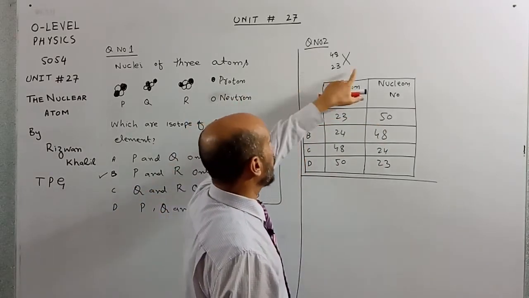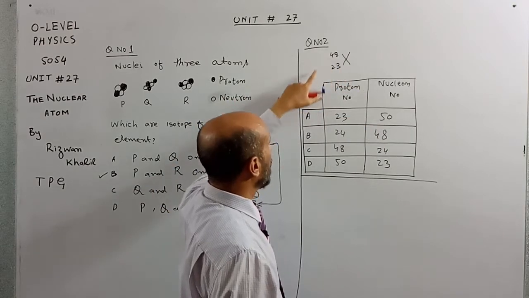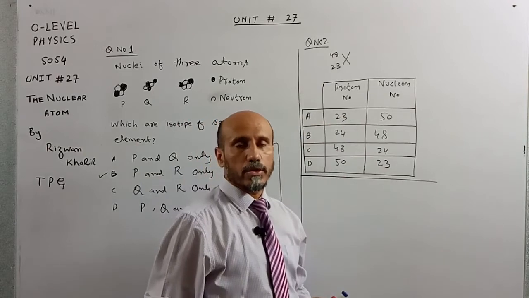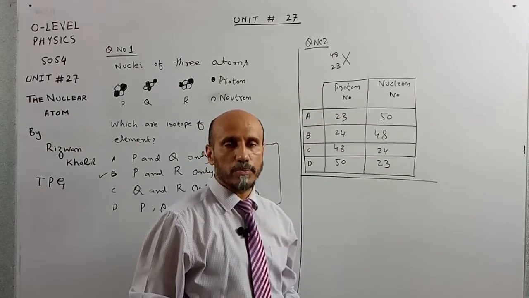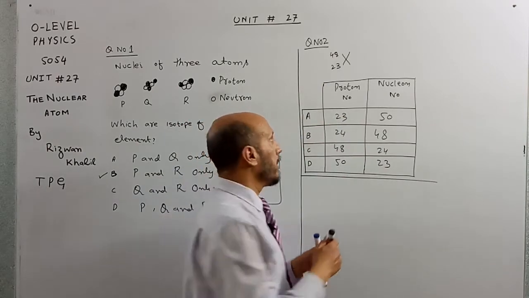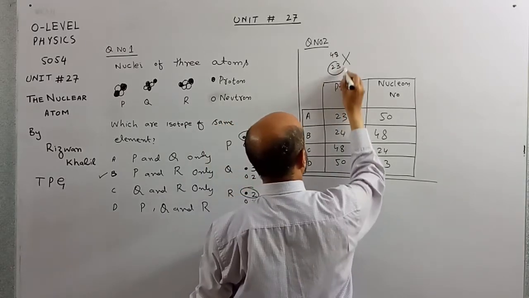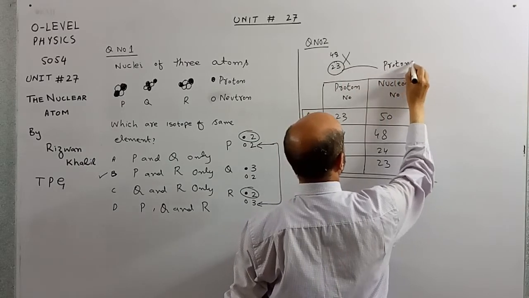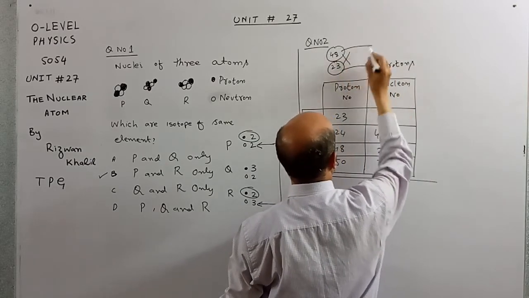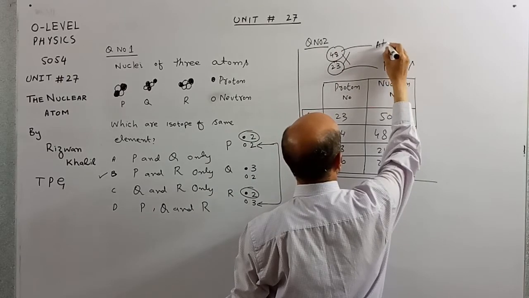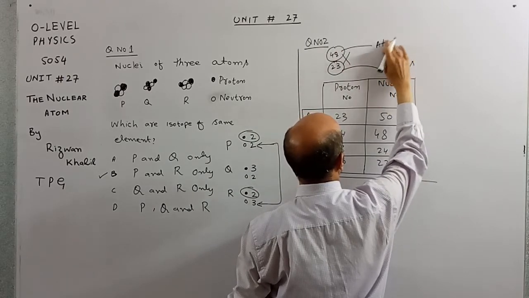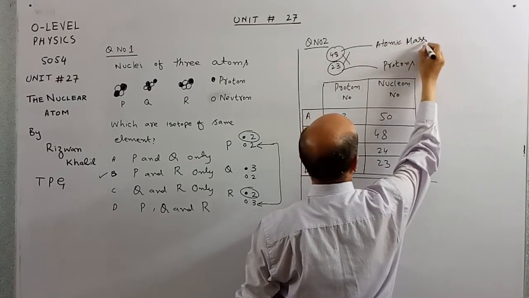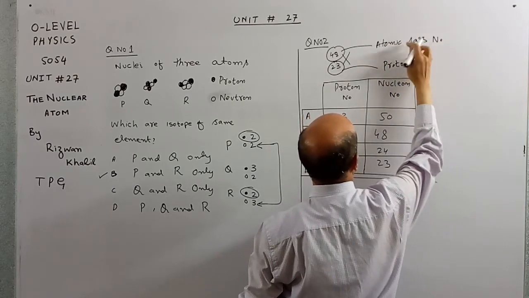In this example, a nuclide is given 23 and 48, and it is being asked that which row represents the isotope of that element. 23 represents number of protons and atomic mass number, or nucleon number.